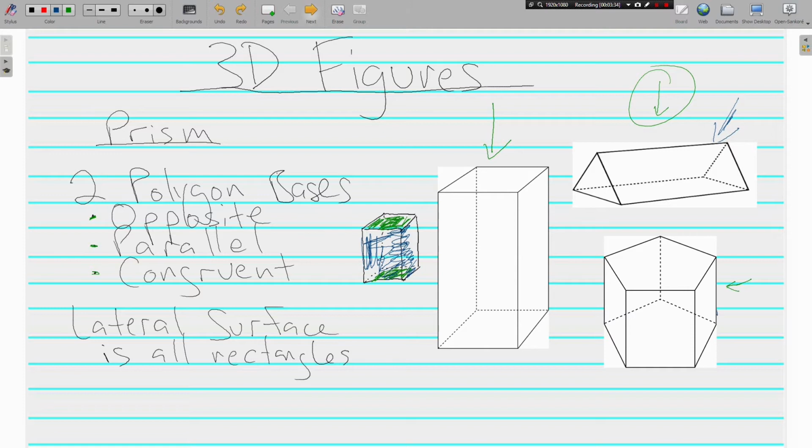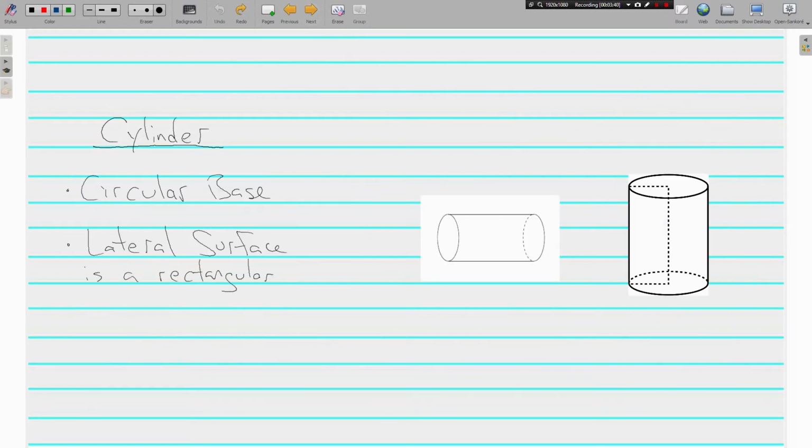Next, I want us to look at a cylinder. A cylinder has circular bases. It's actually very similar to a prism, except the bases are circles. The lateral surface would be a rectangle. If you imagine this to be like a soup can, imagine peeling the label off of a soup can.